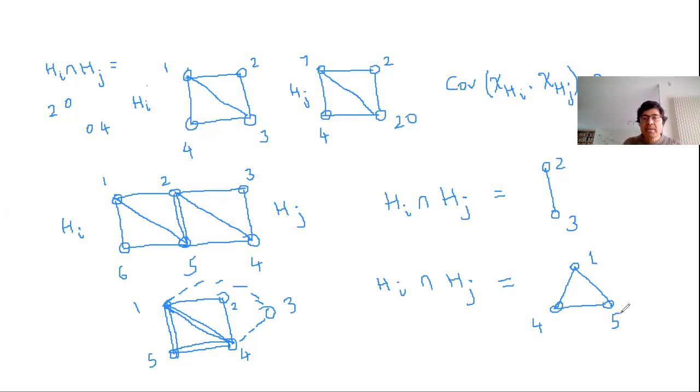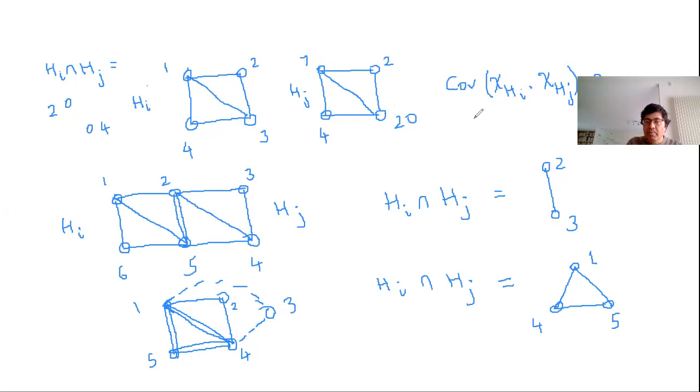But no matter what the intersection is, it is necessarily a subgraph of H, because it has to be part of Hi, so it has to be part of H. It's a subset of the vertices, a subset of the edges. So something consisting of two vertices with no edges is a subset of H. Something consisting of one edge is a subset of H. A triangle is a subset of H. In all these examples, we see that it's a subset.